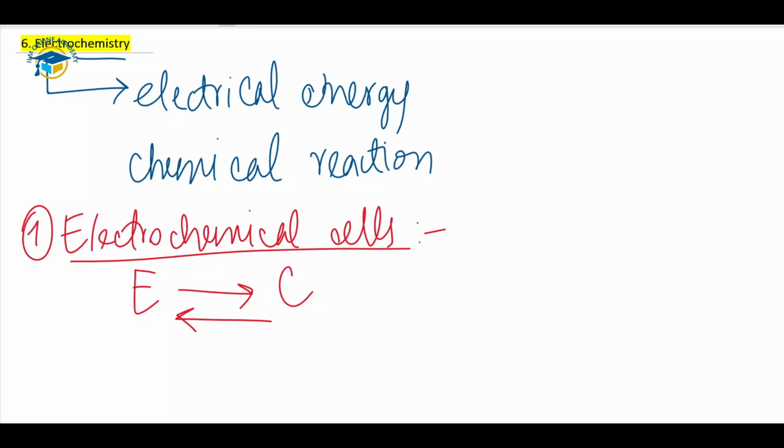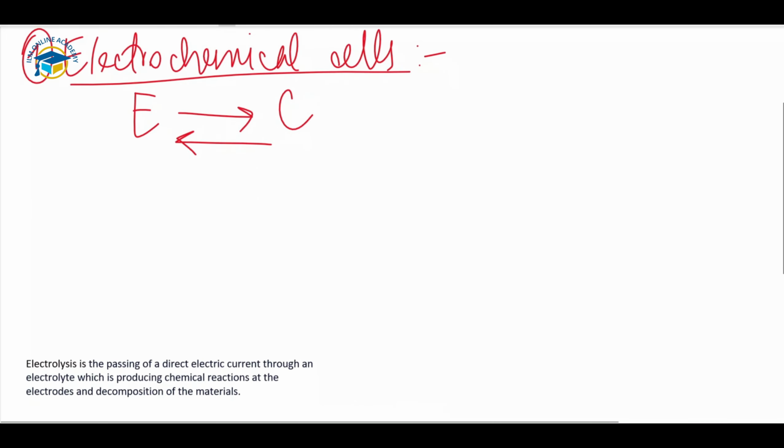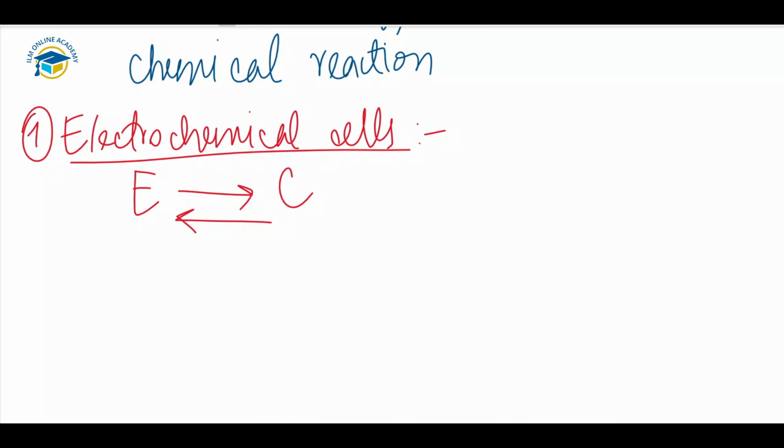We have different types of electrochemical cells. We have galvanic cells that generate electrical energy from chemical reactions, and we have electrolytic cells. These are the two types of electrochemical cells.